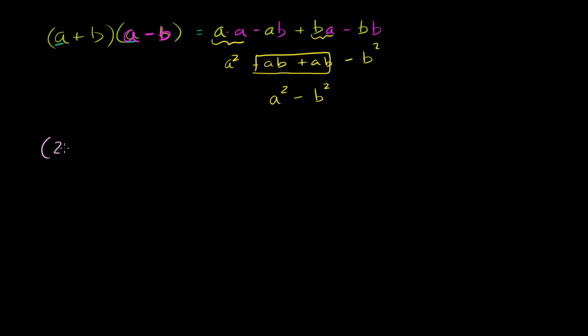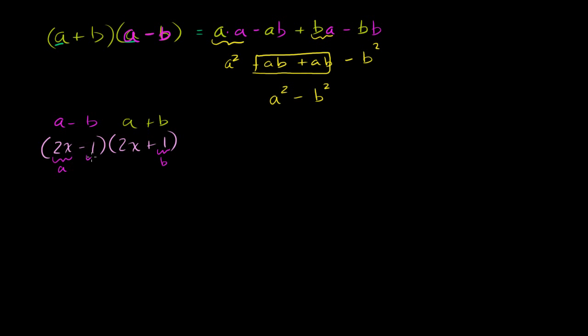So if we say 2x minus 1 times 2x plus 1. Well, these are the same things. The 2x plus 1, you could view this as, if you like, a plus b. And the 2x minus 1, you could view it as a minus b, where this is a and that b is 1.